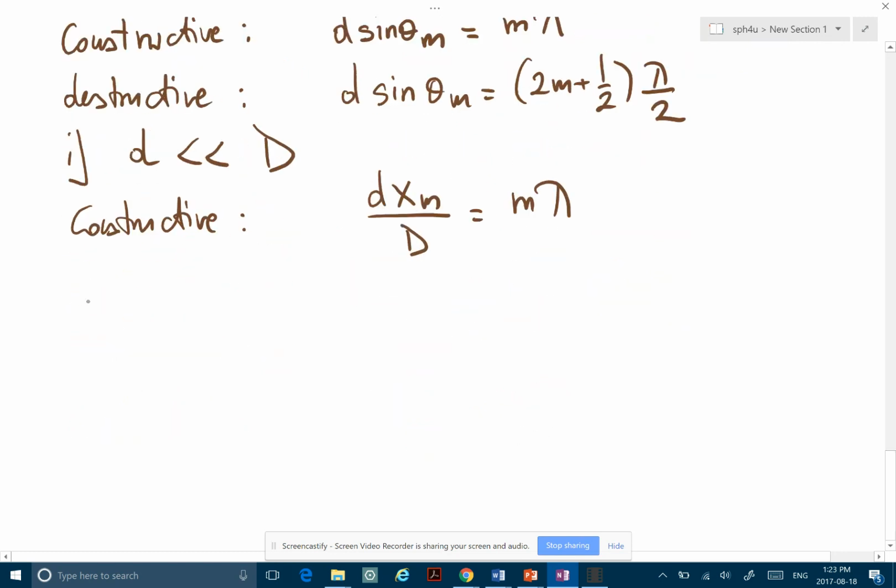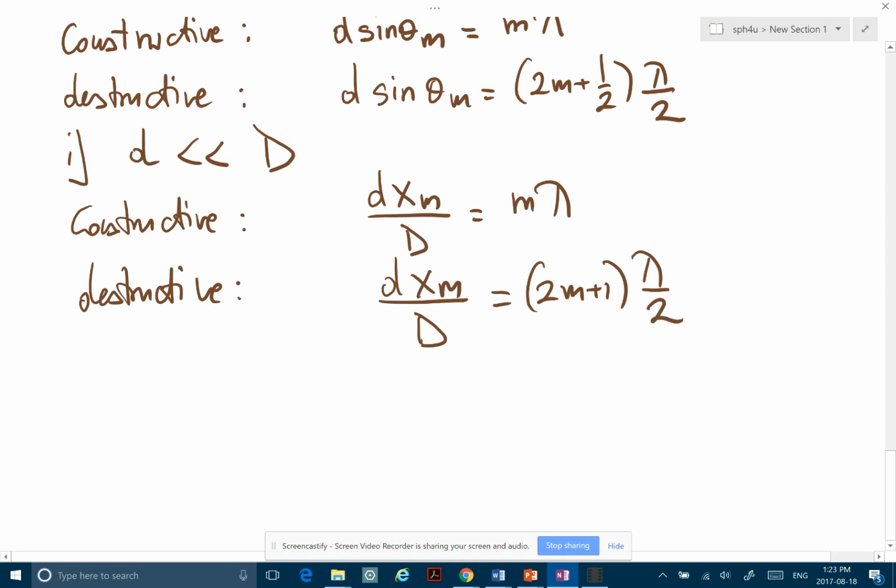And for destructive, we have d x_m over D equal to (2m plus 1) lambda over 2. Remember what m is: the order, how far away you're going from that central line.